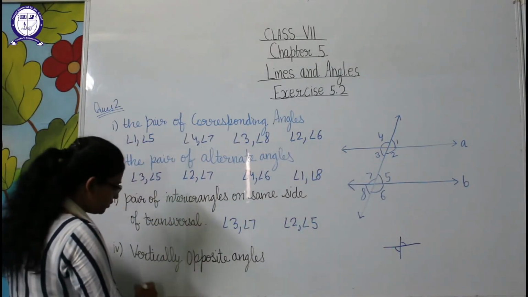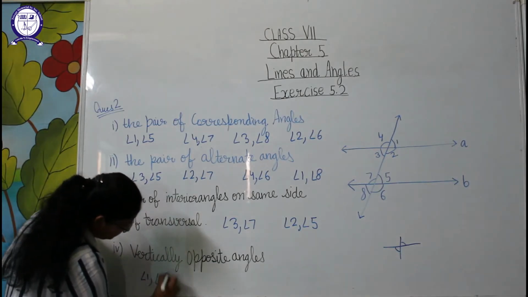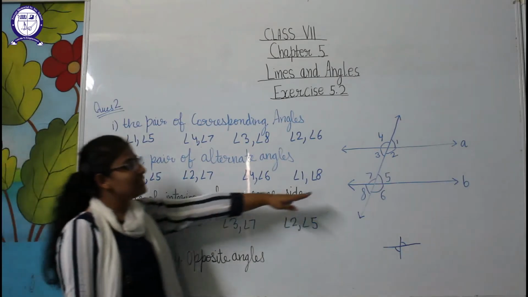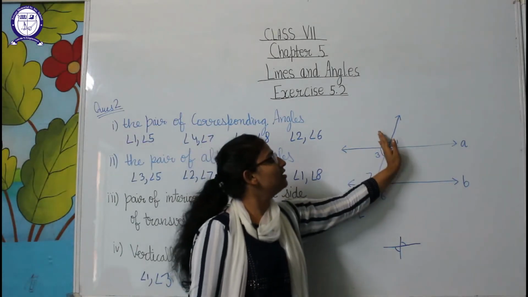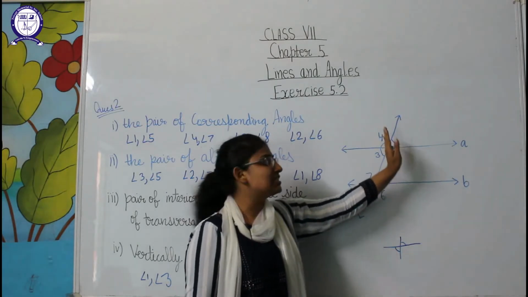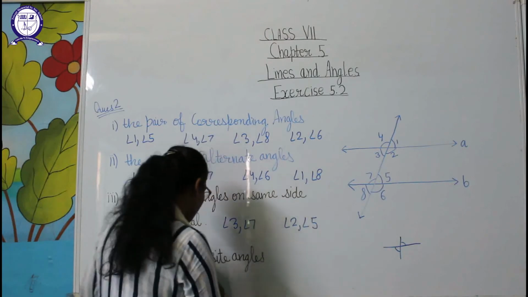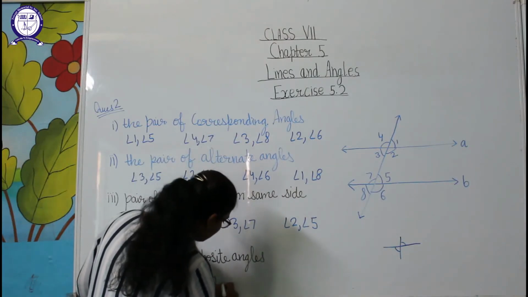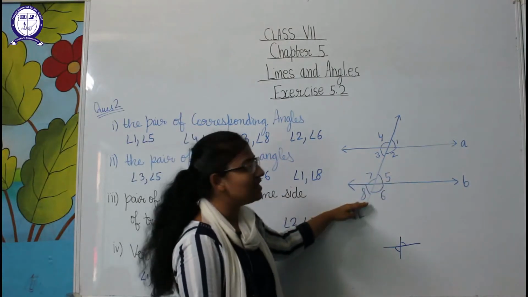So one pair for the vertically opposite angles is angle 1 and angle 3. Next pair is, angle 1 and angle 3 are like this, so angle 2 and angle 4 are like this, cross way. They are vertically opposite. So angle 2 and angle 4. Now next pair is angle 5 and angle 8.